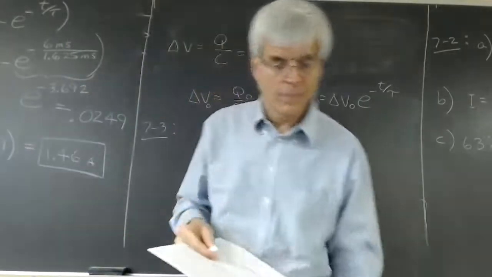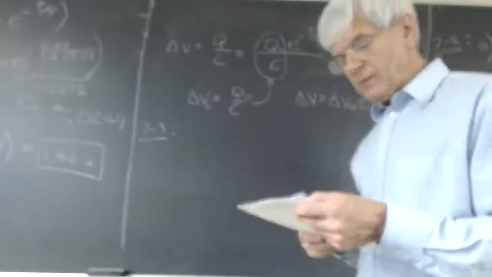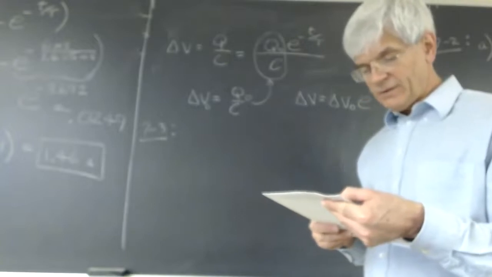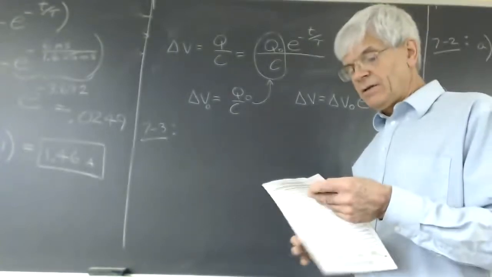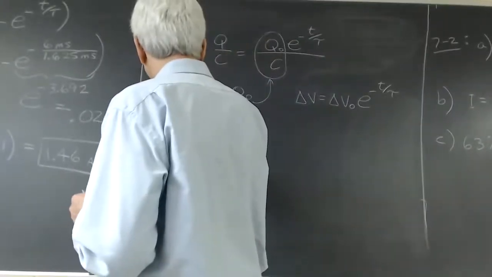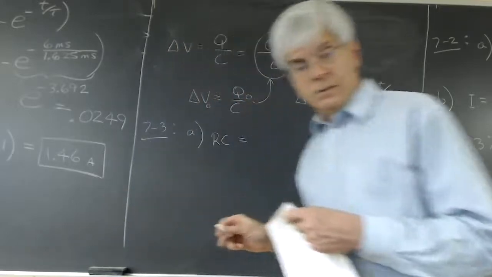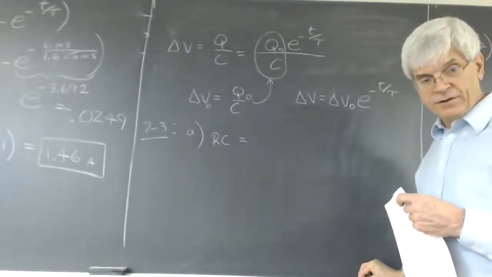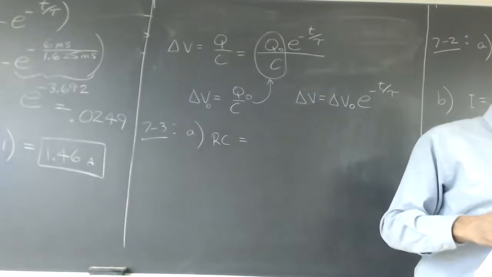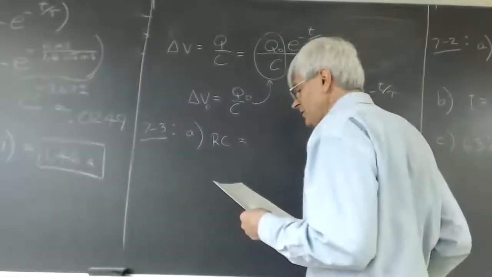Number 3, they all seem to start out this way, don't they? Except I don't think the next one does. But this one, like number 1 and number 2, starts out asking you for the time constant. Well, when you're dealing with a capacitor instead of a coil, the time constant is RC. And you have both those numbers.